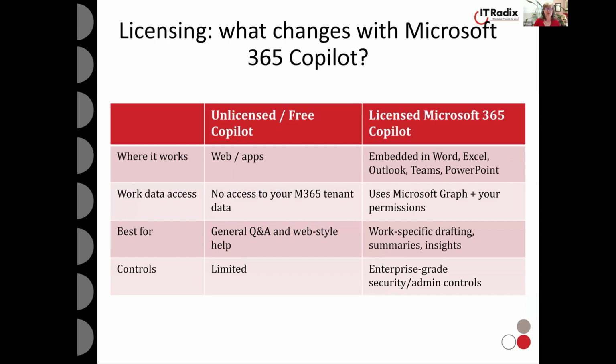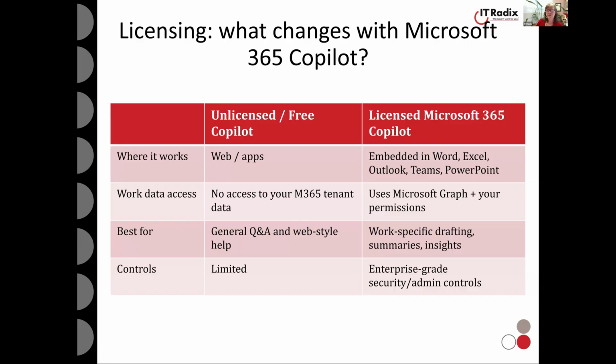If you're just doing things that aren't really necessarily sensitive, the free license may be good enough. You can do general Q&A and you can use it with web style help. You have limited control over what it's doing, and you need to understand that it's training the large language models that are out there, so you cannot consider or expect any sort of privacy. If you license it, you'll see it embedded into the various applications as you see listed here.